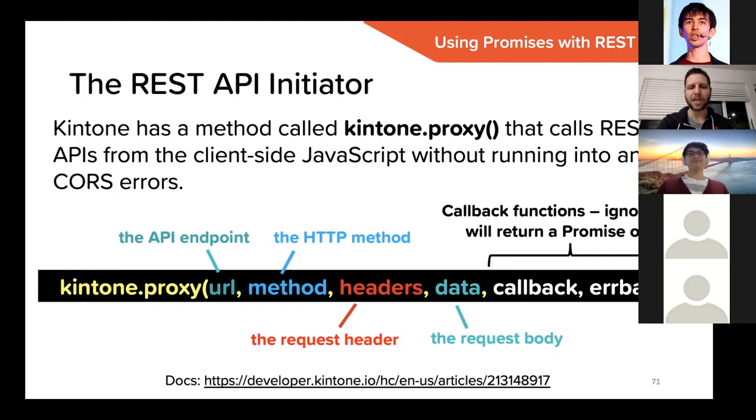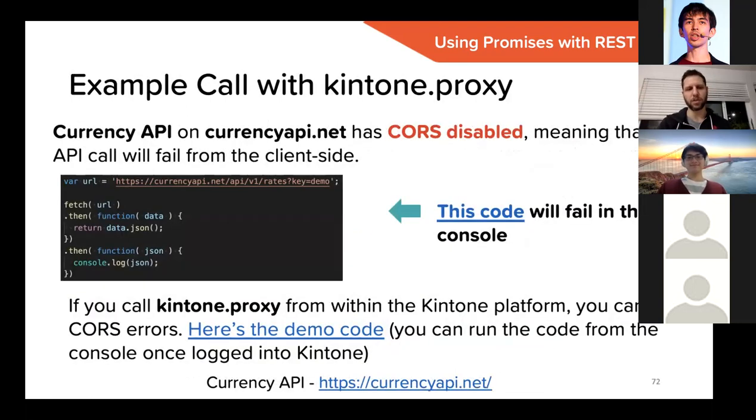And that's what this proxy method is doing. And so that's how we're going to avoid running into any CORS errors, any cross-origin resource sharing errors. So cross-origin meaning like here I am at Kintone.com. I want to now cross origins to go to Google.com. I want to share resources from over there. That's an error. That's a no pass. That's how I avoid running into cross-origin resource sharing errors.